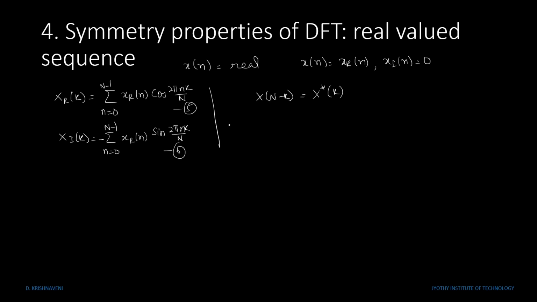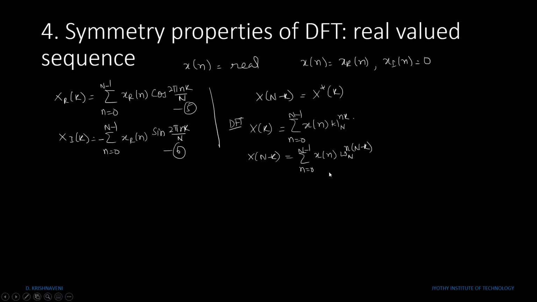So we will take the formula of x of k, that is the DFT, and this is equal to summation n is equal to 0 to n minus 1 x of n wn to the power of nk. Now substitute n minus k in place of k, so we will get summation 0 to n minus 1 x of n wn to the power of n into n minus k.